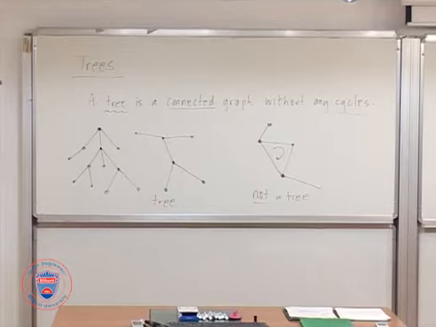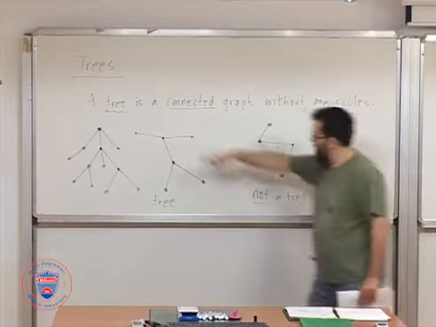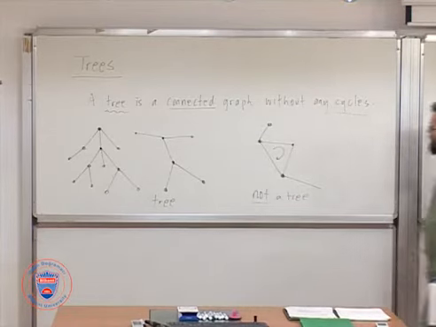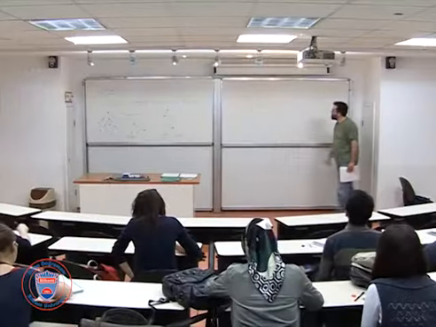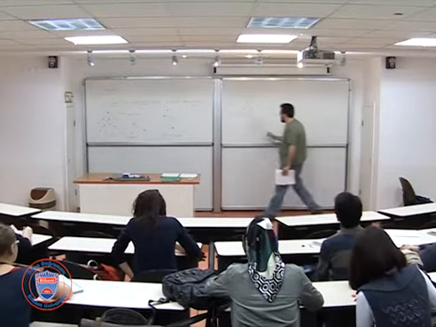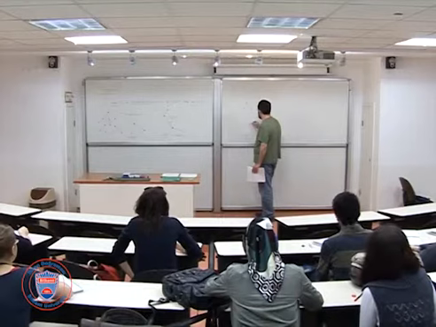Those are usually called Hasse diagrams and so on. We don't necessarily want a shape like this. It could be like this. What is also not a tree: suppose you have this tree and this one next to it. If you have such a thing, this is not a tree because it's not connected.